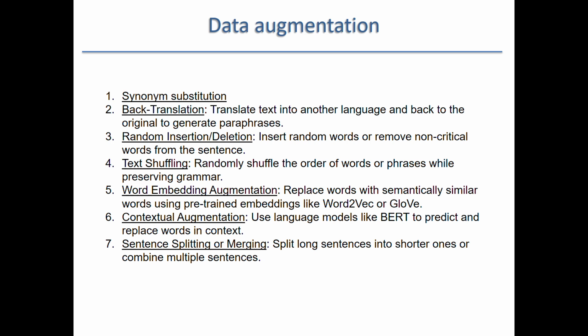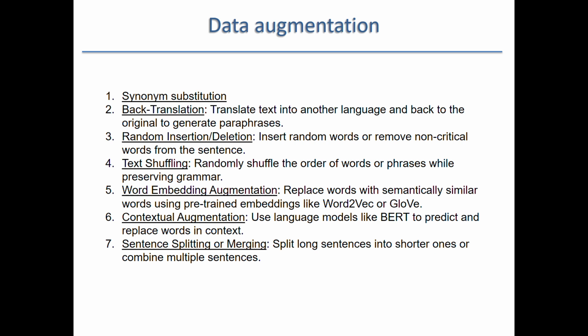You can also do contextual augmentation. So you can use language models to predict what word fits. So you remove one word, so you make this BERT, for instance, predict what is the word that we have removed, and so you have a different version of that sentence.